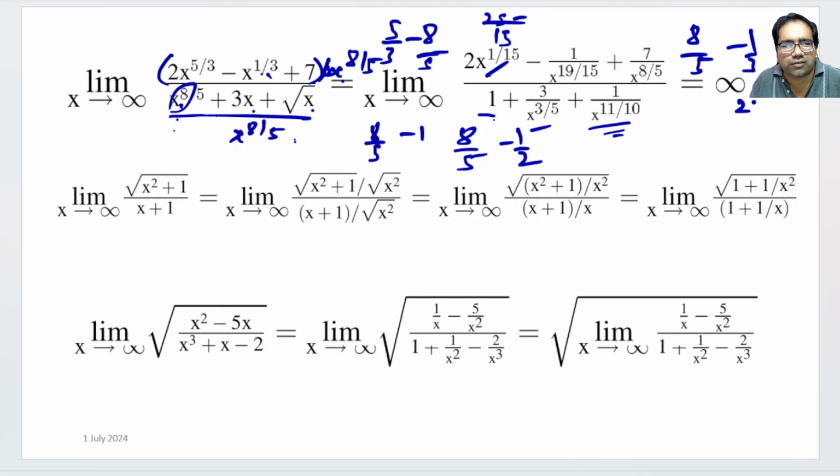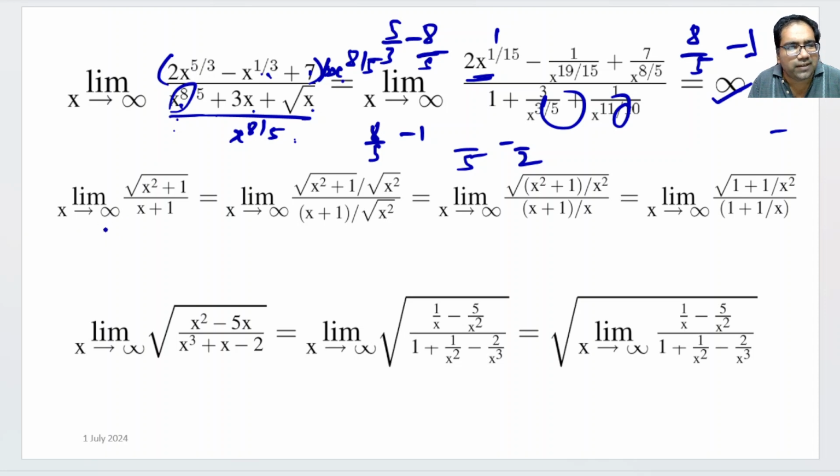This is 24 minus 5 by 15, which is 19 by 15. Similarly, 7 by x power 8 by 5 stays as is. Now, if you see, when x tends to infinity, all this will become 0, but there is 2x power 1 by 15. This will tend to infinity. That's why it is infinity.